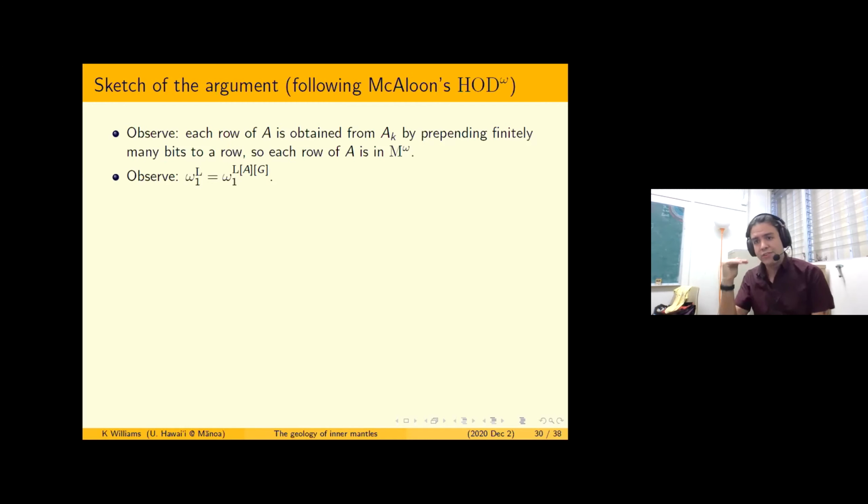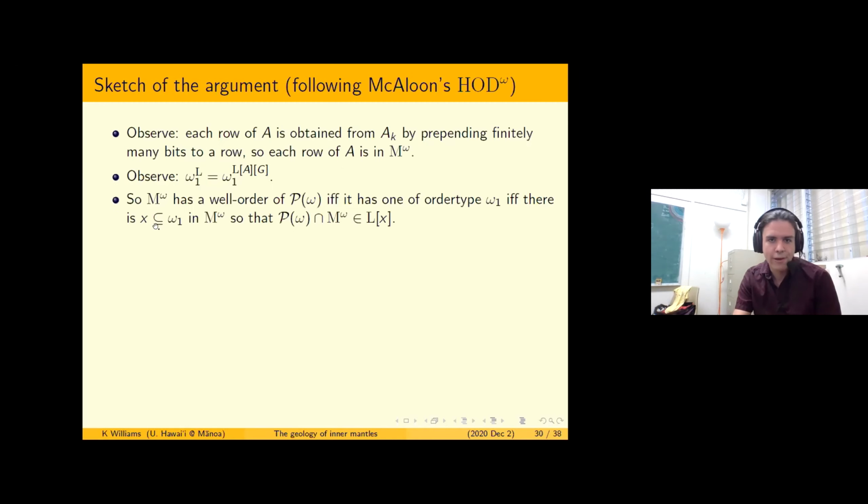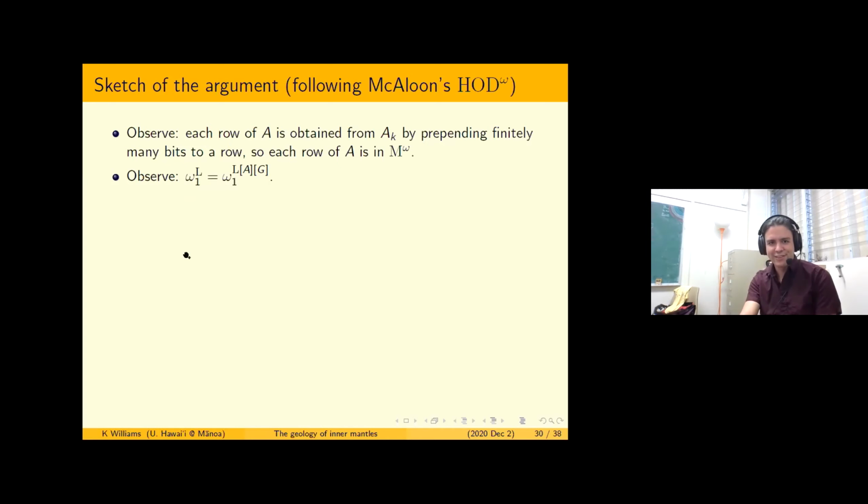So each row is going to be in the omega inner mantle because each row is recoverable from each A_k. You're just not going to have the whole block of A by itself. But each individual row, okay, yeah, each row, I'm not being inconsistent. Each Cohen real is in the omega-th mantle. And because we didn't change anything small, we have the same omega_1.